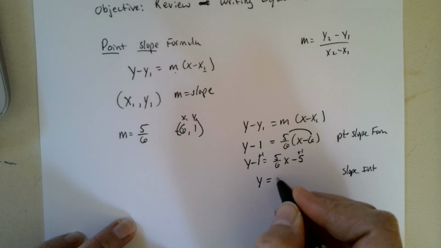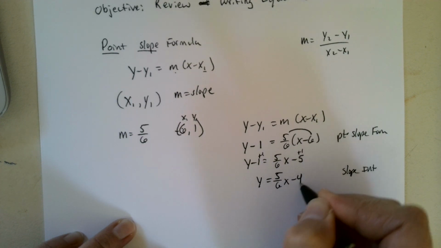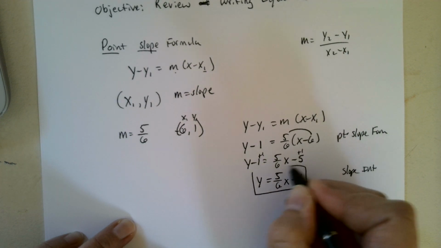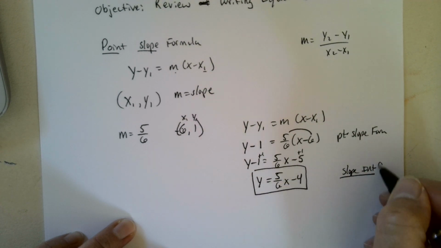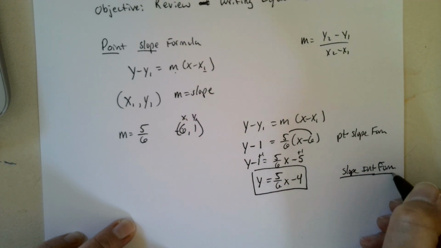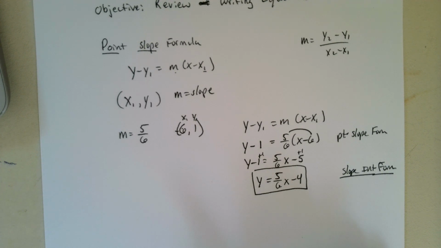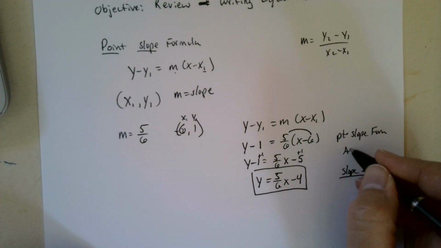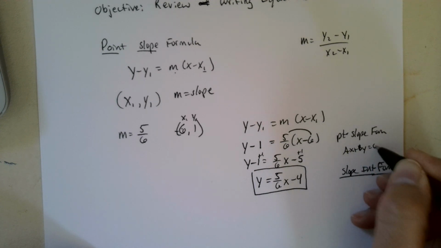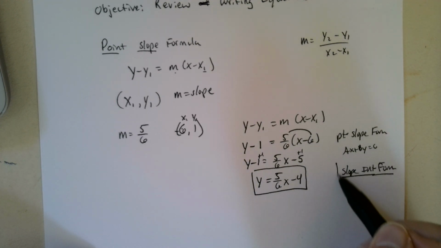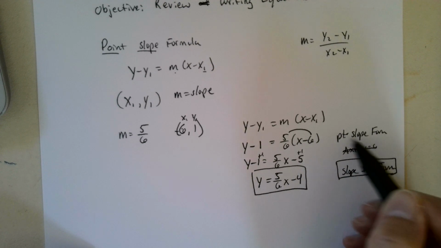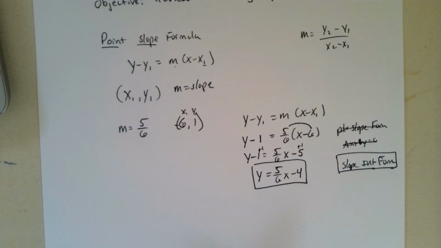Our slope-intercept form would be y equals 5/6 x minus 4. I want you to take your answers to slope-intercept form. The directions on the worksheet are going to say point-slope, or they're going to say standard form. Standard form is ax plus by equals c. I want you to go to slope-intercept form so you could graph it if you needed to.